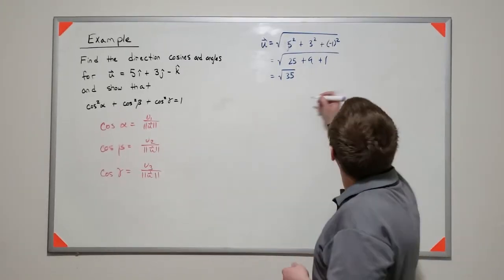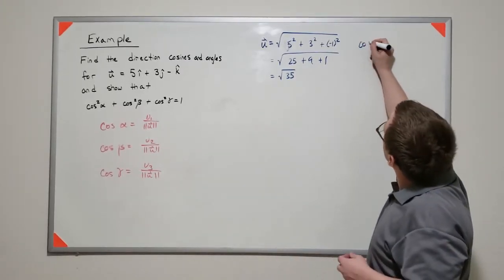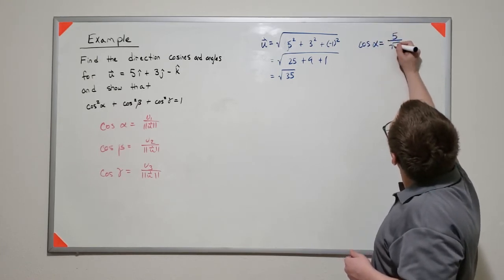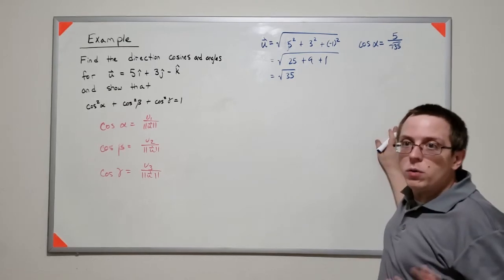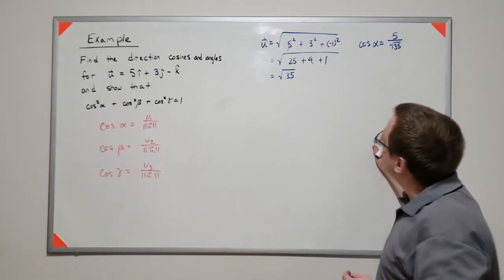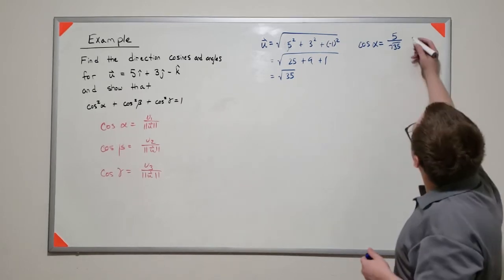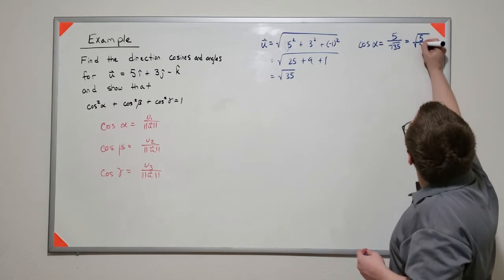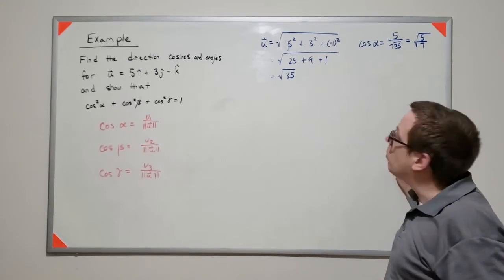So that tells me that cosine alpha is 5 over the square root of 35, which I guess we could represent as the square root of 5/7 if we wanted to.